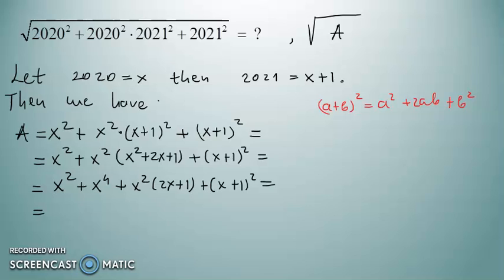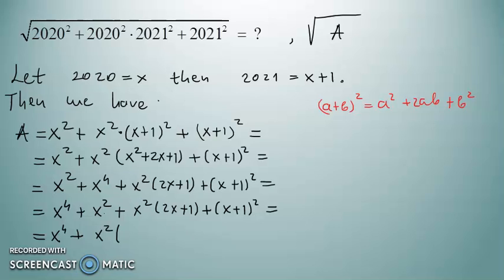Let's rewrite this with the largest degree in the first place: x to the fourth plus x squared times the bracket, plus x plus 1 squared. Taking x squared in front of the bracket, we have 1 plus 2x plus 1, and plus x plus 1 squared.